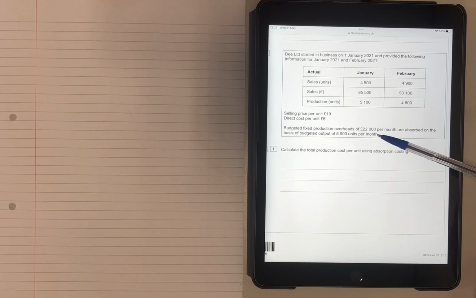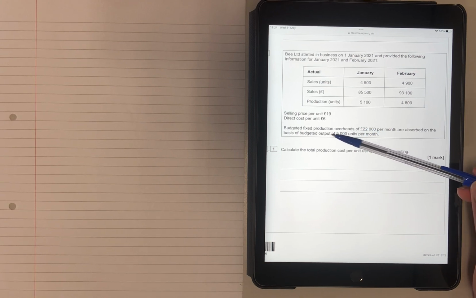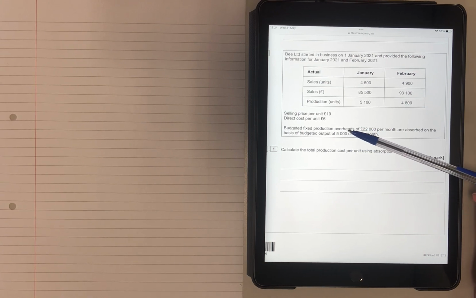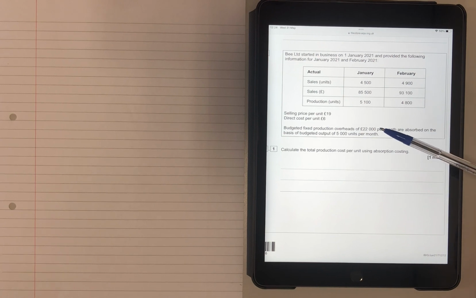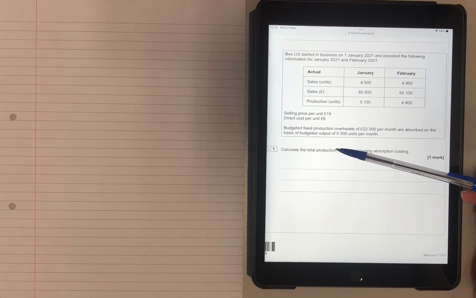So what this basically means is we have a budget of 22,000 a month, and they are absorbed based on the quantity of 5,000 units. The question says calculate the total production cost using absorption costing.